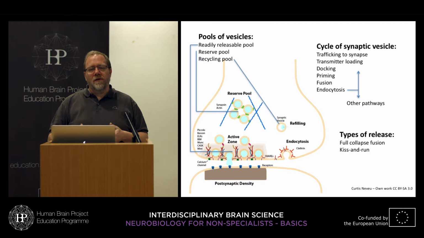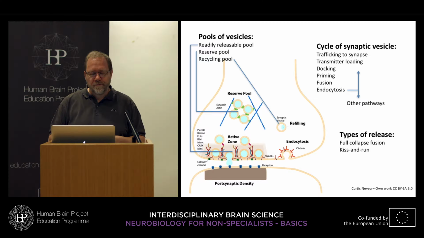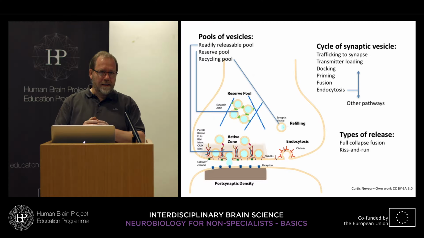This is something which is also used by the cell to replace some compartments of the membrane. And the other is what's called kiss and run. Basically, you have a short fusion, but not a full fusion, a release of the content of the vesicle, and after that, the vesicle reforms very fast, and it's basically the old vesicle which reforms.